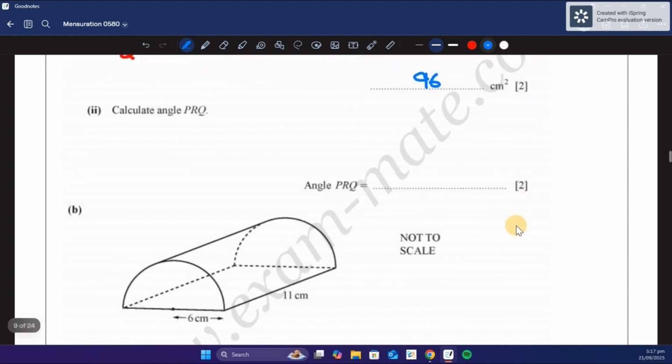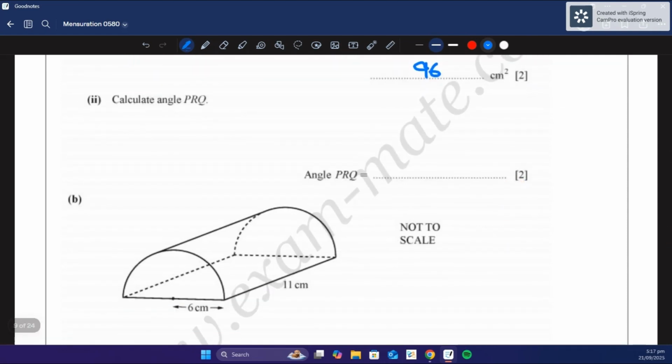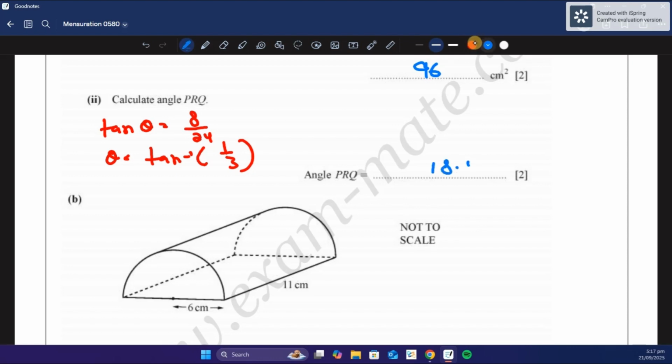All right, calculate the angle PQR. So we're simply going to use tan. We're going to say tan theta is equal to 8 over 24, which would give us 1 over 3. So tan inverse 1 over 3, and that should give us 18.4 degrees.